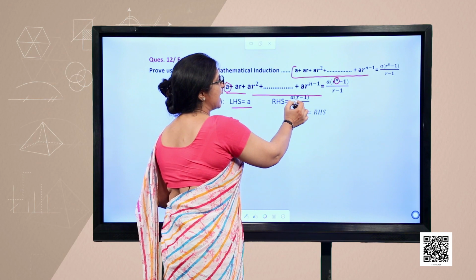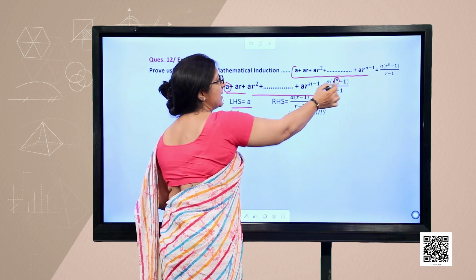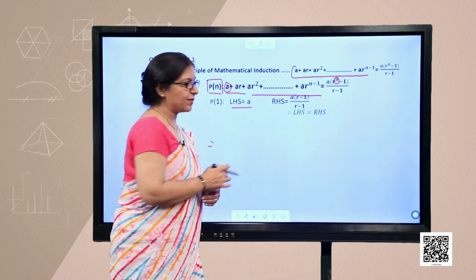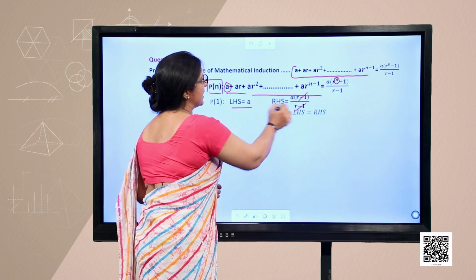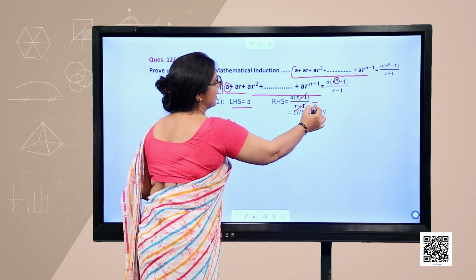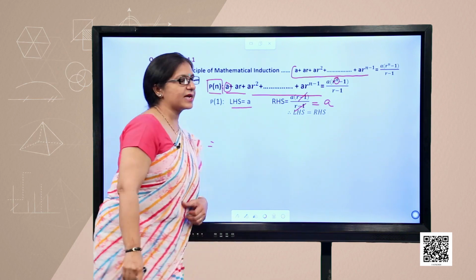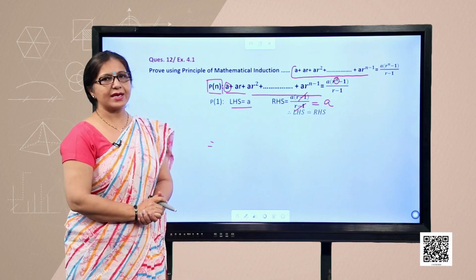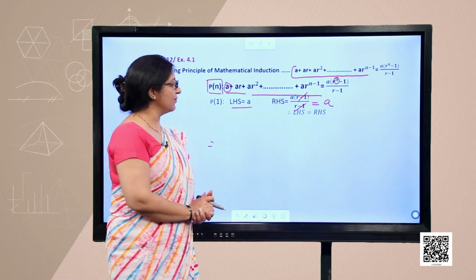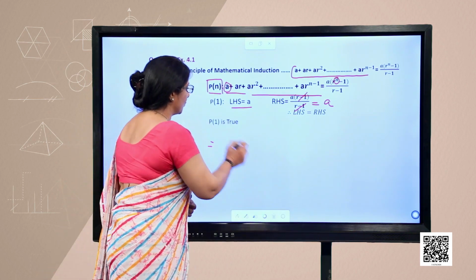After replacing n by 1, we get r minus 1 in the numerator and r minus 1 in the denominator, both get cancelled. We are left with a only. So left hand side and right hand side both are equal. We can easily conclude that P1 is true.